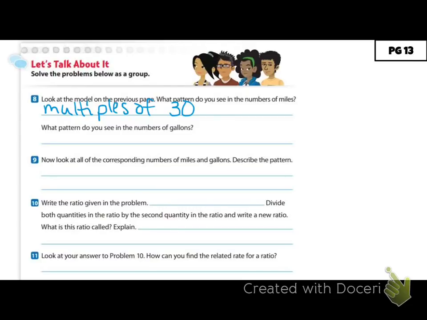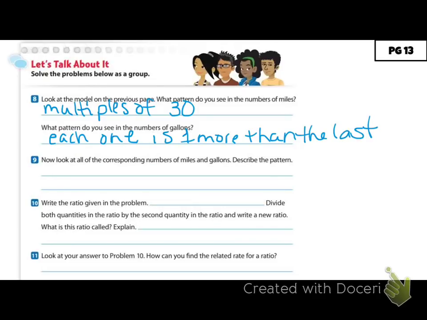What pattern do you see in the number of gallons? Each one is 1 more than the last, or they're going up by ones. Number 9. Now look at all the corresponding numbers of miles and gallons. Describe the pattern.